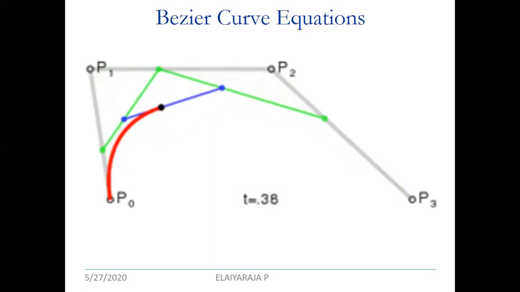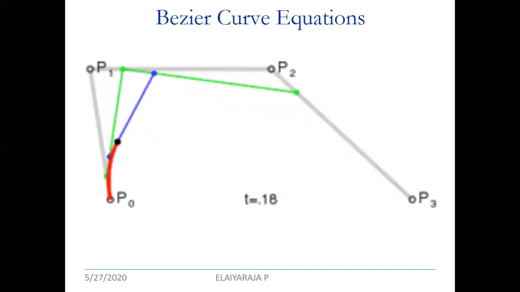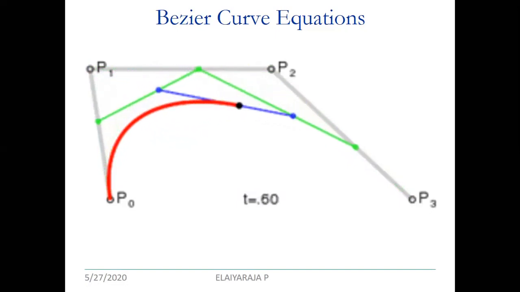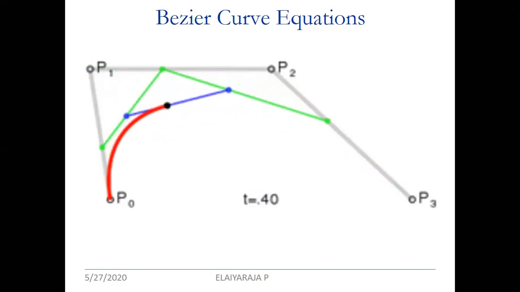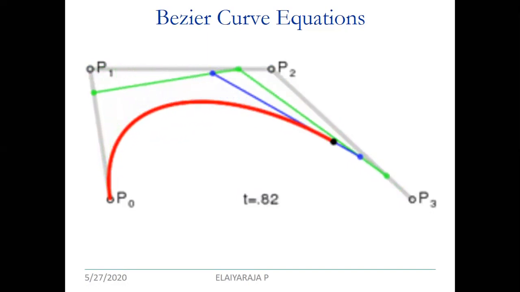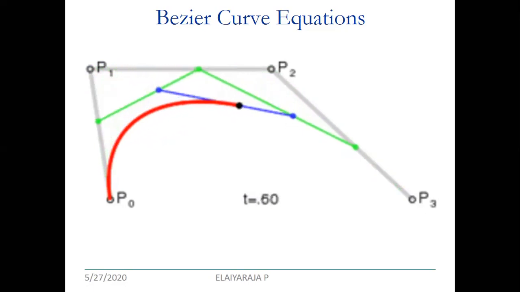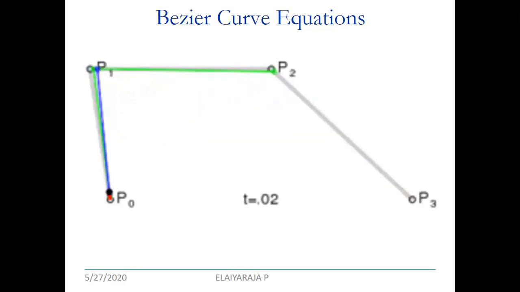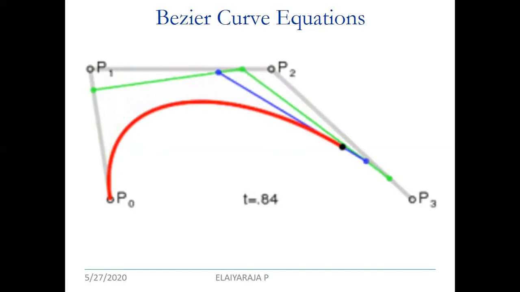And between two different endpoints, when you are going to draw a curve, these control points help to draw a splendid curve. The number of control points minus 1 decides the degree of polynomial.